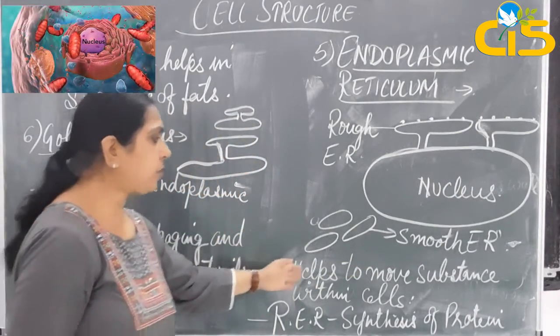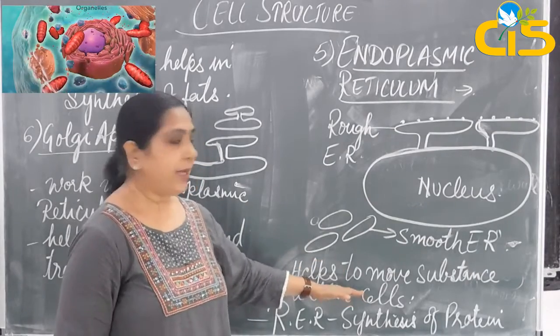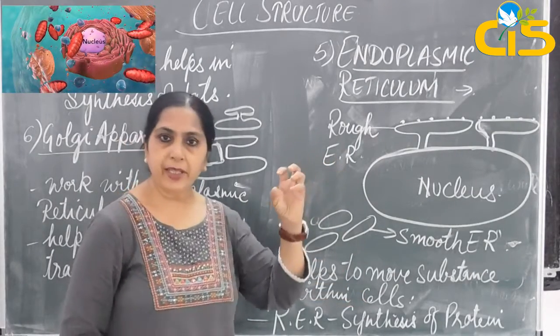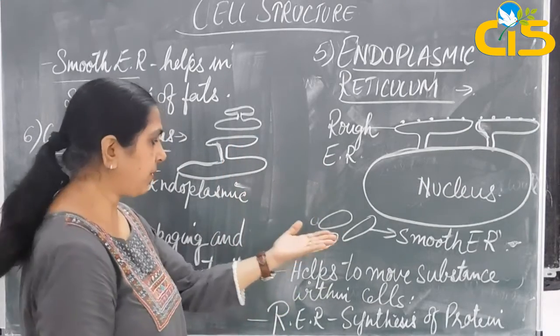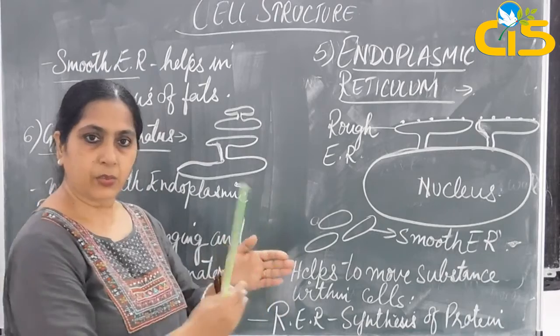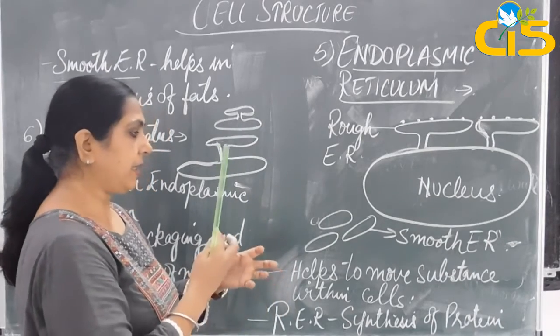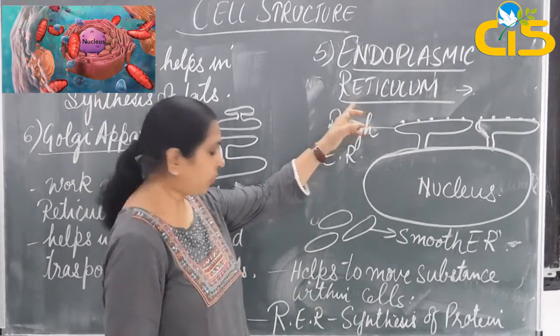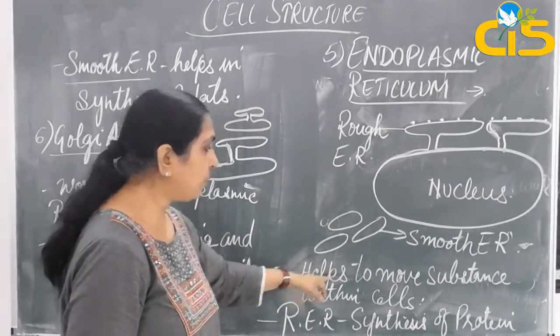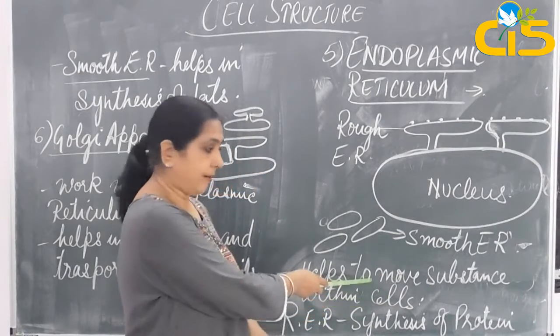It helps to move substances within the cell. In the cell, there are various organelles and substances entering into the cell and getting out of the cell. The endoplasmic reticulum helps coordinate the movement within the organelles and activities. So it helps to move substances within the cell.